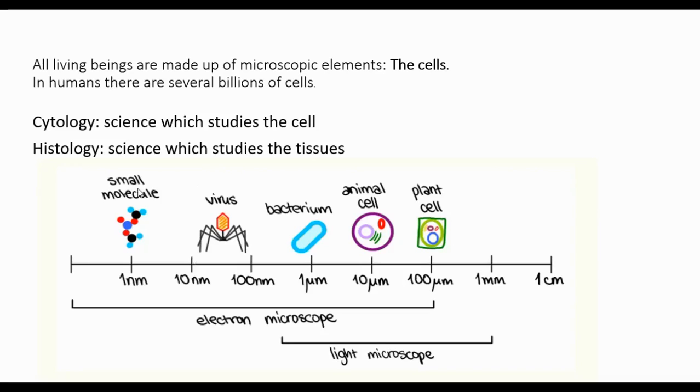So as we can see in this diagram, we start from a small molecule and go up to an animal, passing through, for example, a bacterium or a virus, where a virus has a unit in nanometer and a bacterium a unit in micrometer. Of course, viruses cannot be seen by a light microscope, only with an electron microscope.